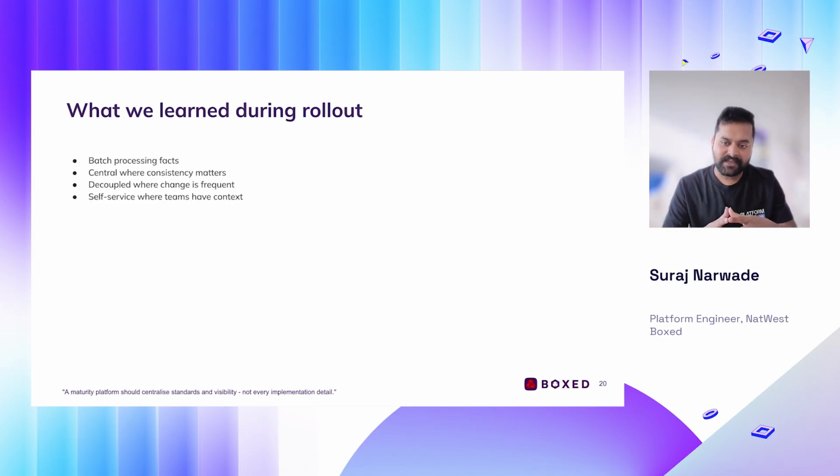A few other lessons: when teams push their facts, they should batch process the logic they are sending, because let's say you have 2 or 3 thousand components and you are sending all at once, Backstage may not be able to handle that. That's one of the key lessons we noticed as well.